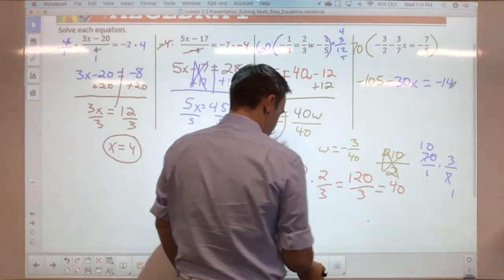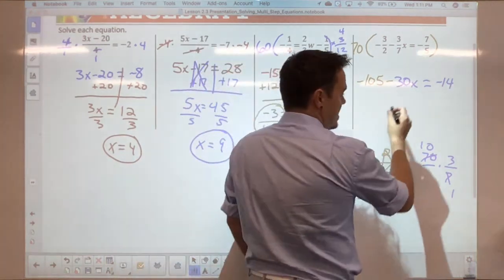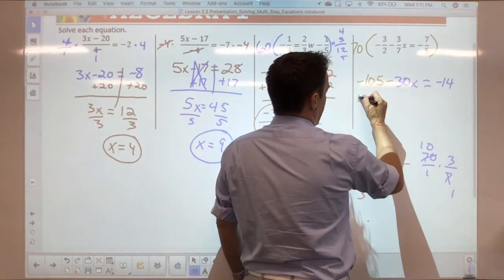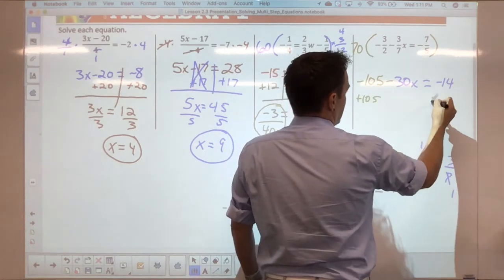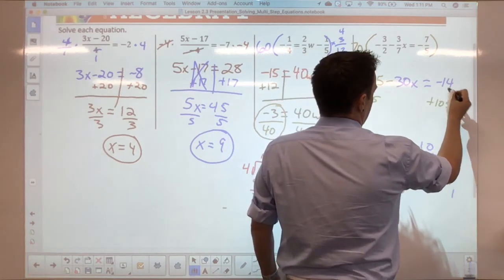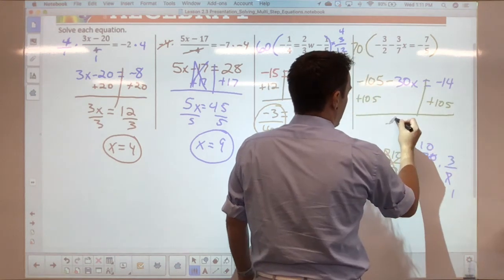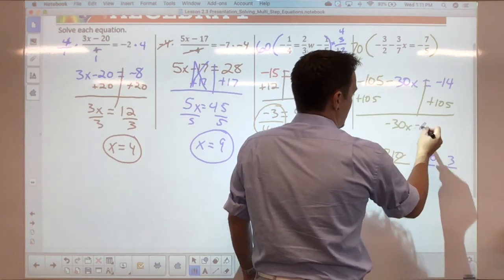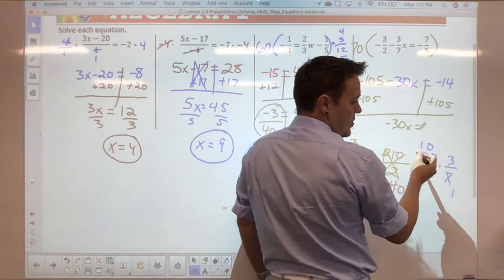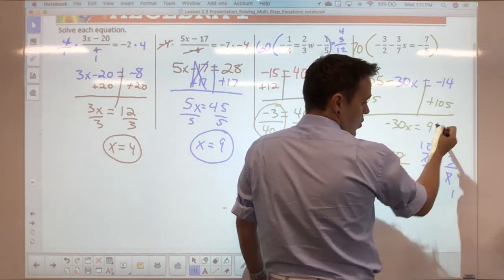So what you want to do as you're going through this process is solve by adding 105 to both sides. Large numbers you're dealing with, but that's what happens sometimes when you deal with fractions. So it's negative 30x equals 91.